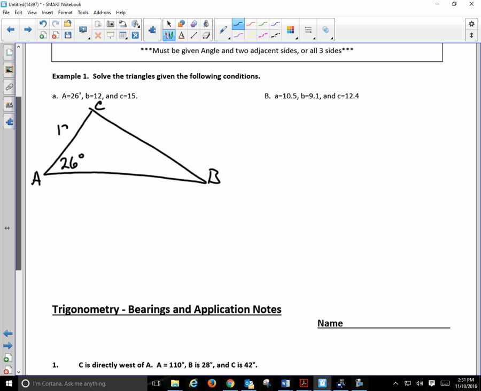Side B is 12. Side C is 15. I'll write down what I know. A is 26 degrees. B is 12. C is 15.